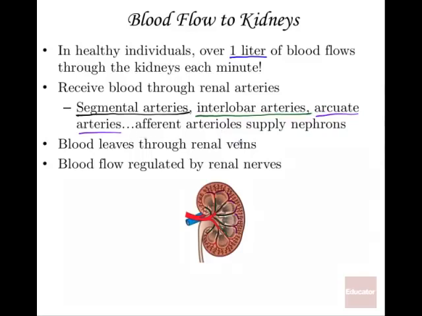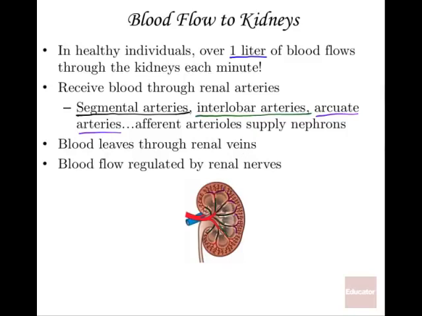So afferent arterioles, because they're going to these little filtering regions in the kidney, all these up here, these afferent arterioles get super, super tiny to the point where they're microscopic, and they form little capillary bundles called glomeruli, and you're going to hear more about those on the next few slides. So the afferent arterioles, I'm not going to color code those. Those are all in here in the cortex of the kidney, and they branch off into millions of little bundles of capillaries.